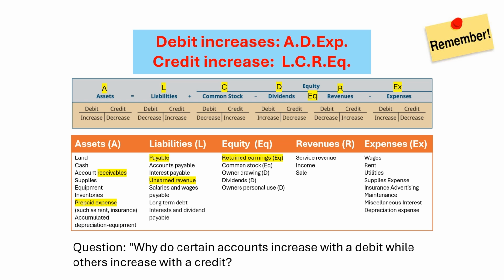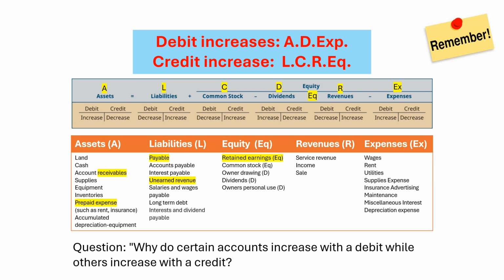So the rule shows ADE increases on the debit side. A represents assets, D dividends, and E expenses. These three accounts increase on the debit side. The second part of the rule is LCRE increases on the credit side: L liabilities, C common stock, R revenues, E equity.